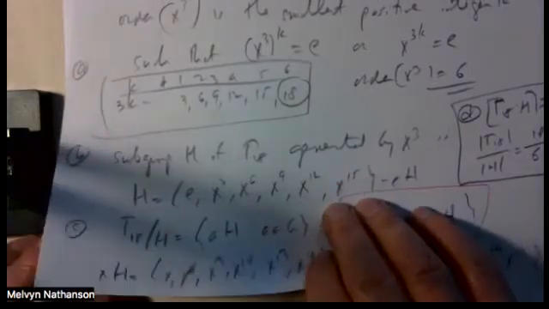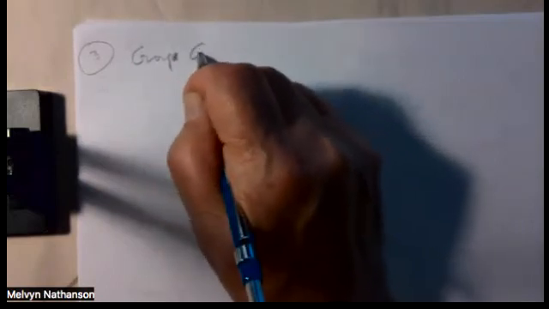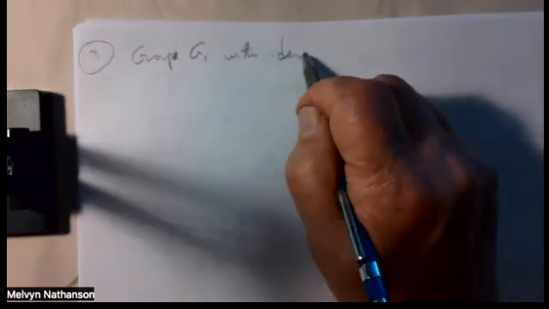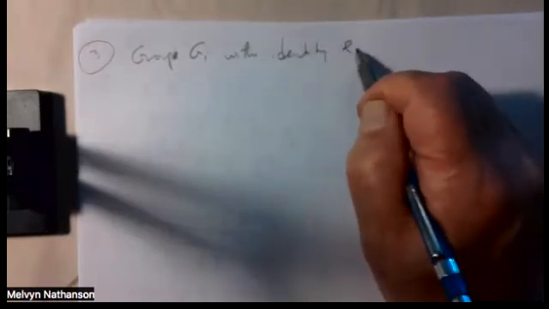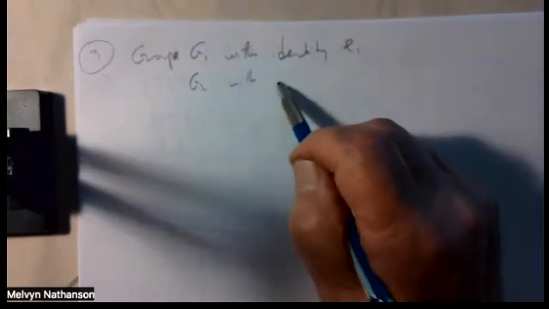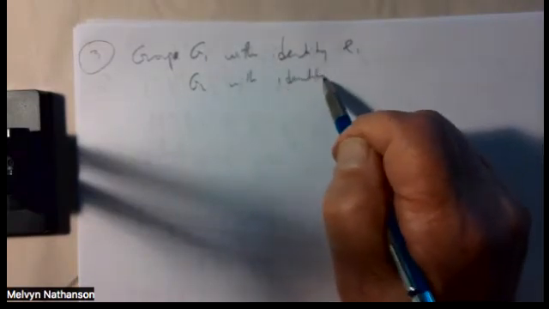Let's look at problem 3. So we have a group G1 with identity e1 and a group G2 with identity e2.